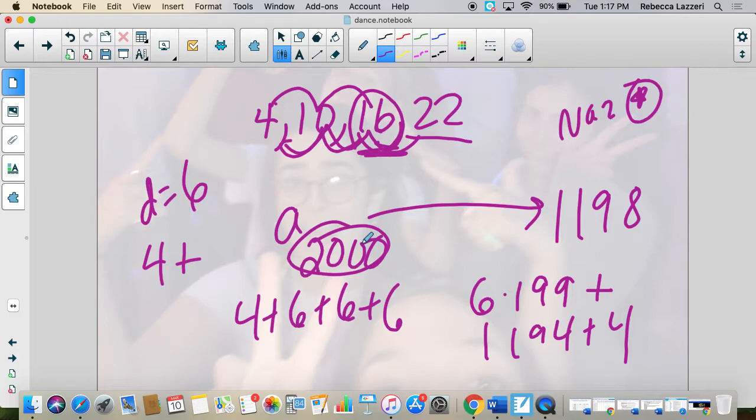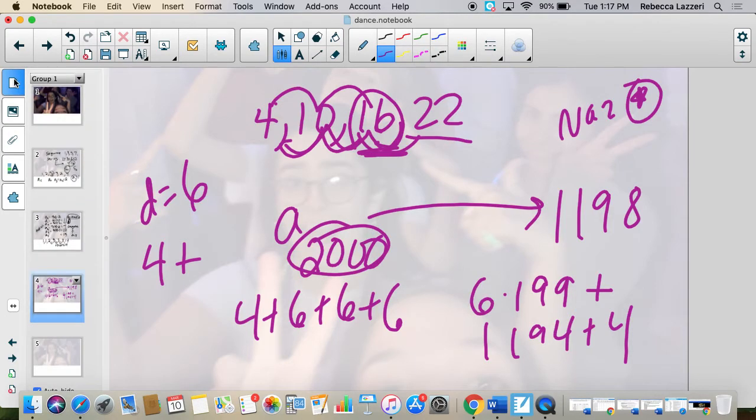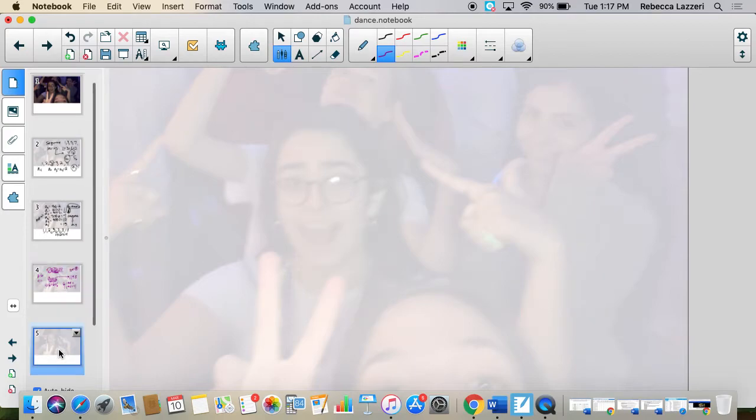All right, so let me give y'all one and see if you know Nazareth's formula. We could name it Nazareth's formula, kind of like the Fibonacci sequence, okay? It sounds like a lot of y'all were on the same track.